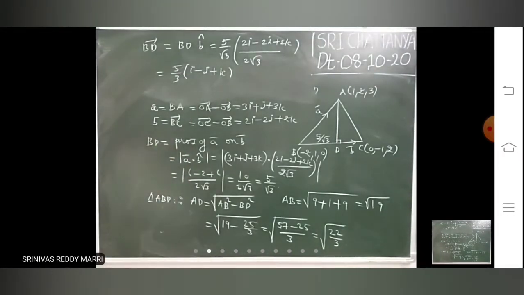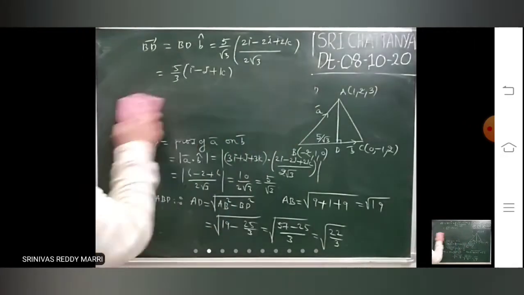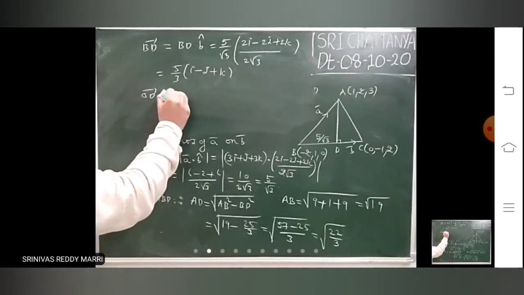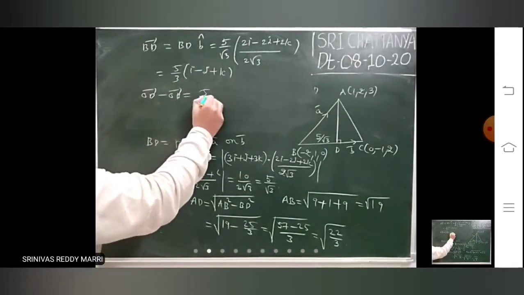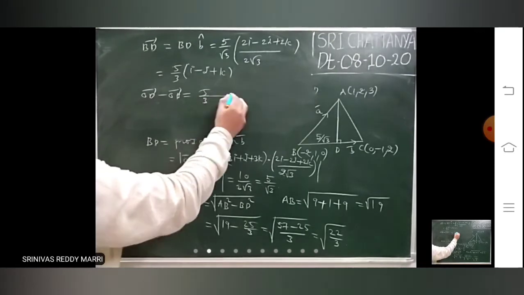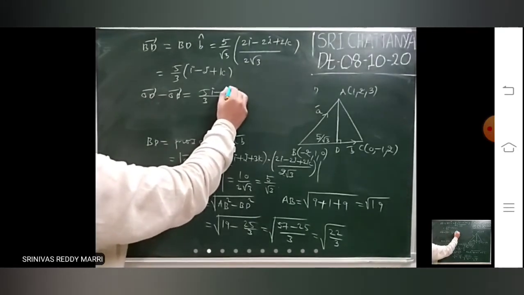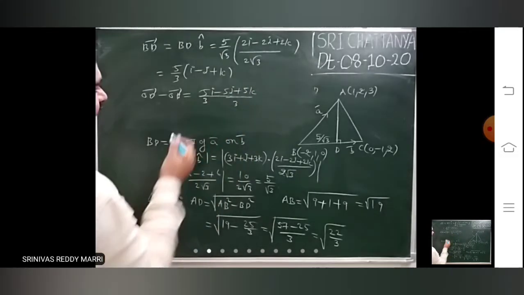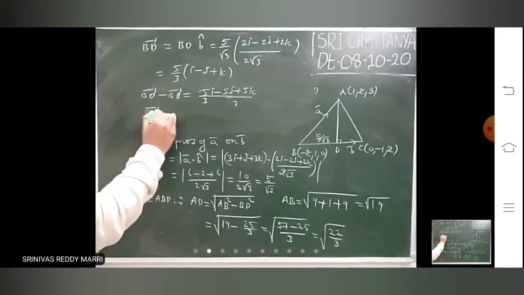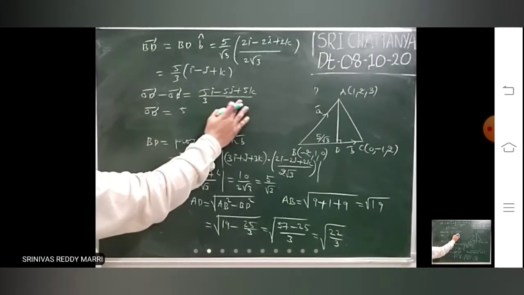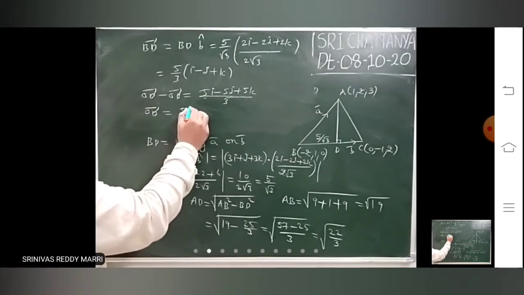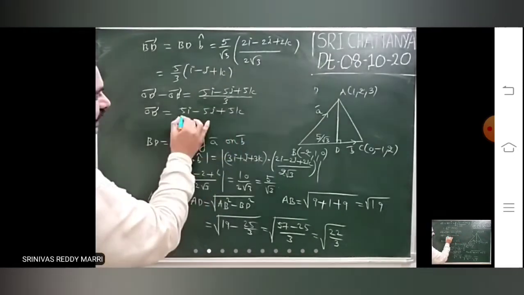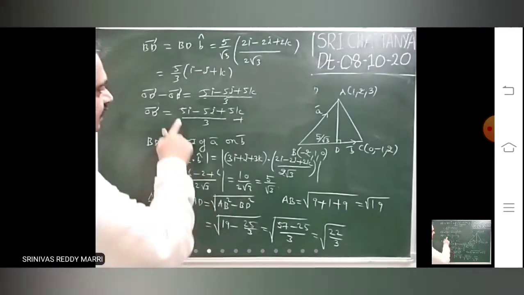Now I want OD bar. OD bar minus OB bar is nothing but 5i minus 5j plus 5k divided by 3. Therefore OD bar is nothing but 5i minus 5j plus 5k divided by 3, plus OB bar.